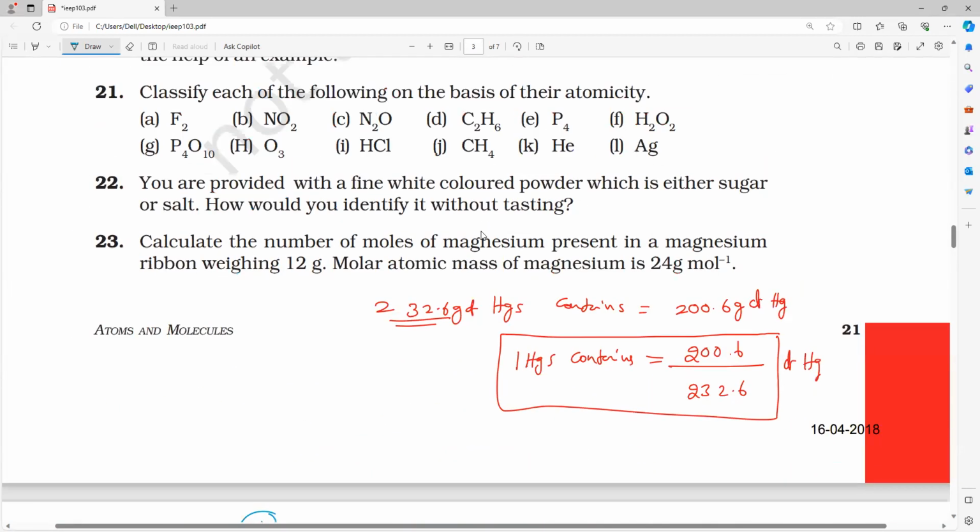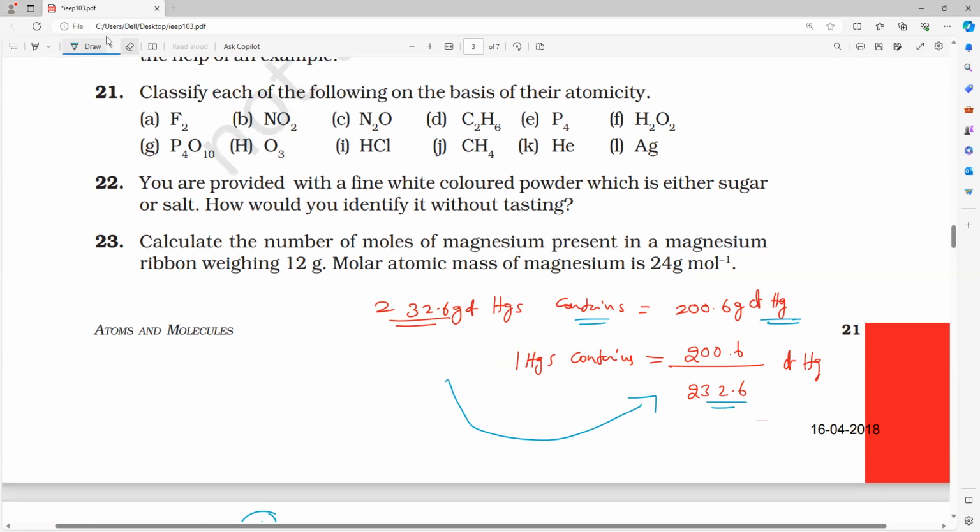So 232.6 grams of HgS contains 200.6 grams of Hg. Then 232.6 into 1 gram of Hg equals 200.6, so 232.6 will come this side and become a division. Any doubt, anybody can ask me. Clear everybody?